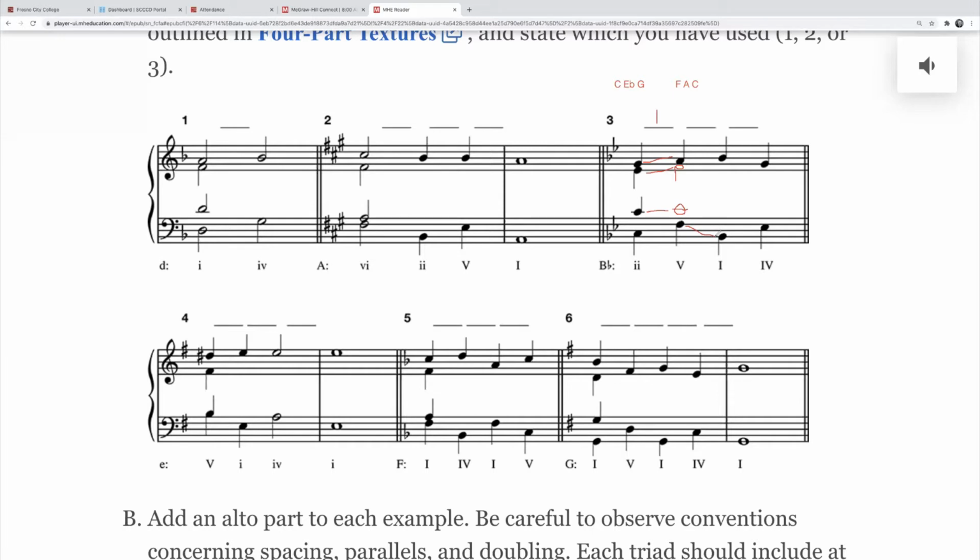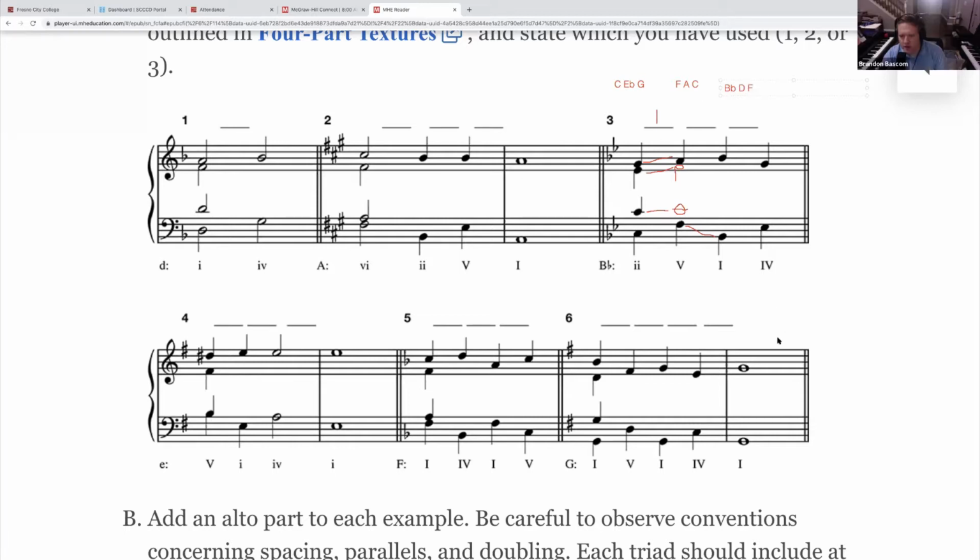What happens when the bass moves down a fifth? What are my notes for my new chord? B flat, D, F, right?